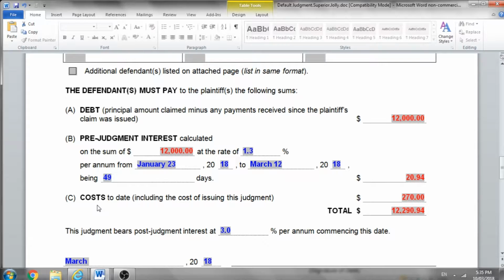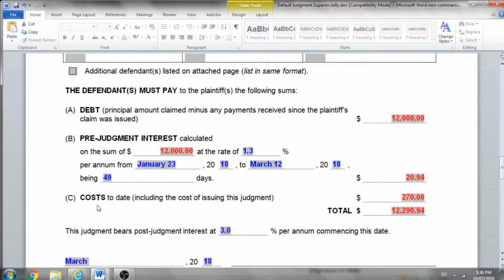You may want to check to see whether or not the $60 has been increased. That is always a possibility. In this case, we're going to assume that the maximum is still at $60. So if our process server, for instance, charged us $60 or more to serve each of the 2 defendants, what we're going to do is we're going to claim a total of $120, or $60 twice.